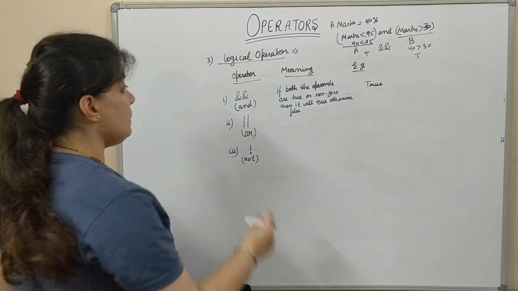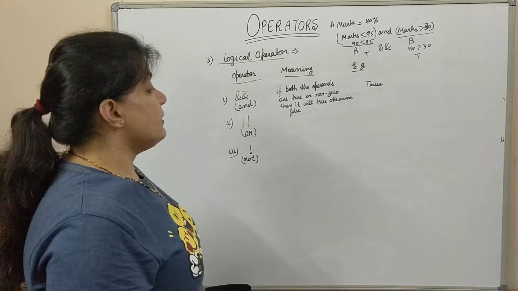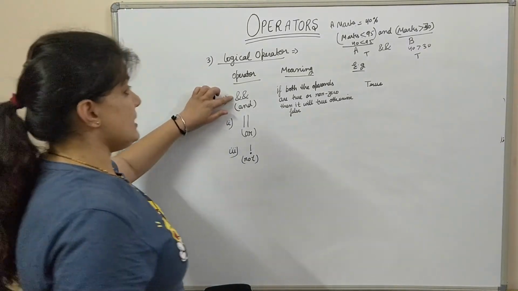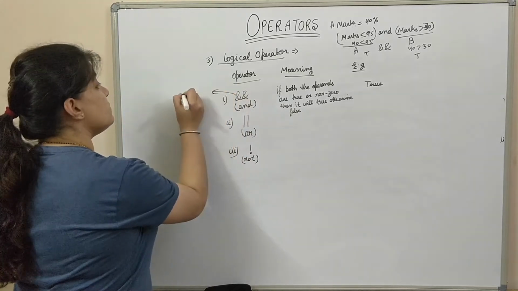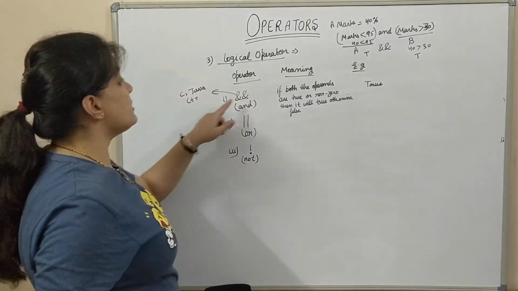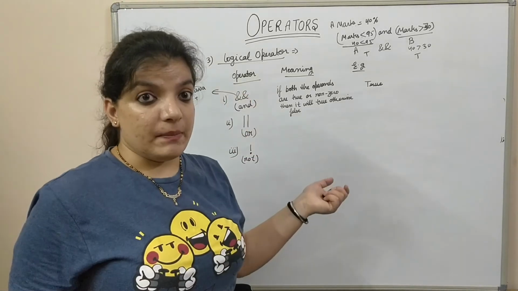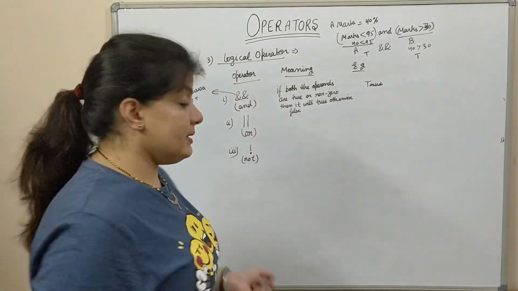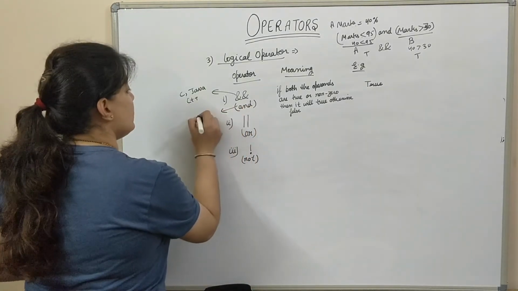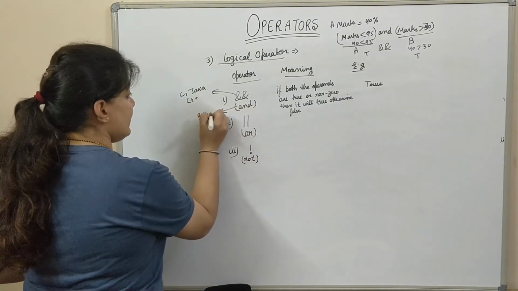Okay. Now coming to the second operator, that is OR. And one more thing, in C language and in Java language we are using this symbol, and in C++ also we are using this double AND symbol, or we can say double ampersand symbol, but in Python language we need to write this AND only in small letters.